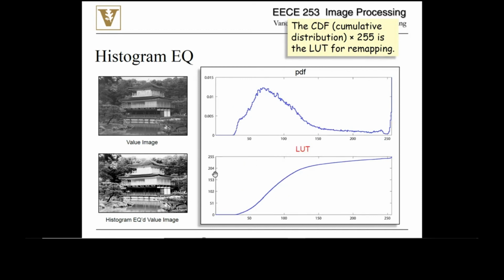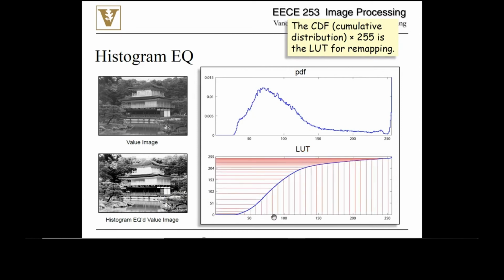And then we multiply it by 255. So now we have a lookup table that transforms values between 0 and 255 into values between 0 and 255. And here is an illustration of how values at the input that are equally distributed are mapped into the output.